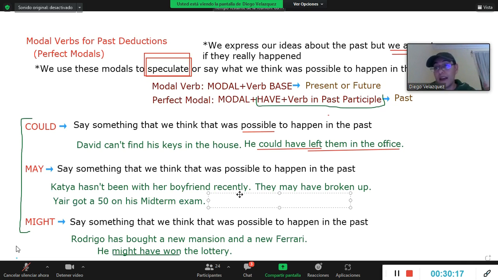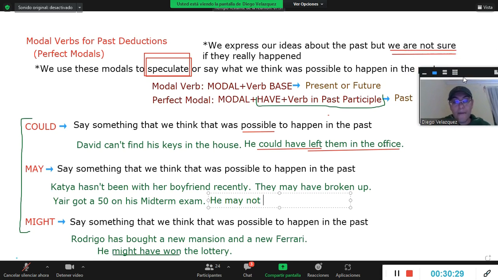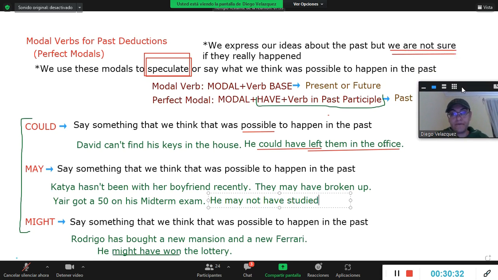Maybe he was at a party, maybe he became an alcoholic, I don't know. I am trying to speculate the reason. I think that it's possible that he may not have studied for the exam. And for that reason, he got a 50.